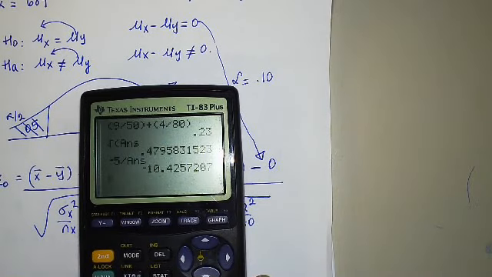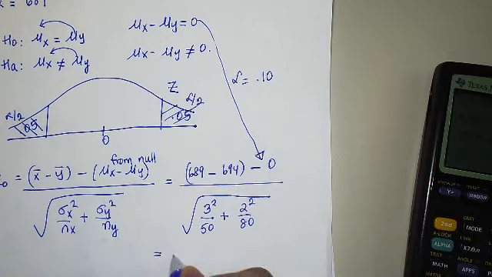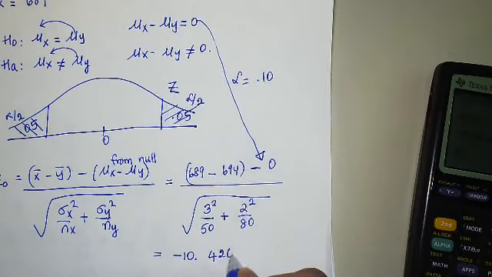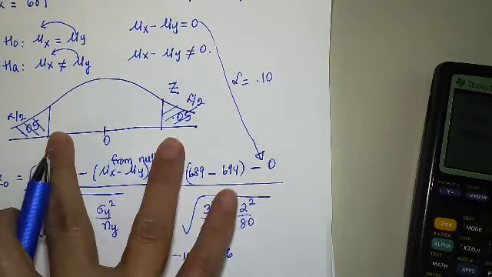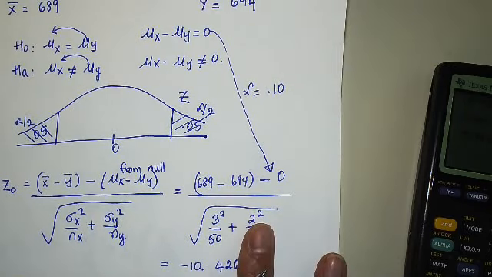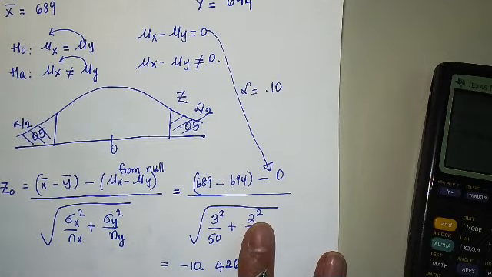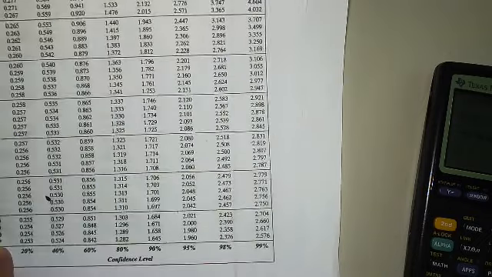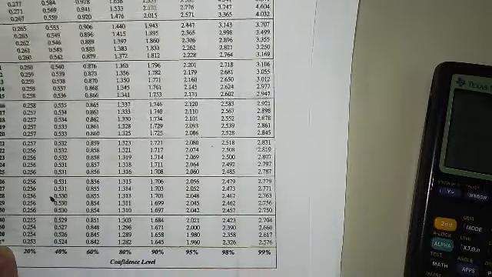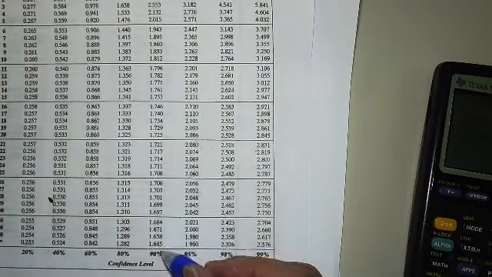Let's do that. 9 over 50 plus 4 over 80. Square root of that. And then the top is 689 minus 694. So that's just a negative 5. Negative 5 divided by answer. Negative 10.426. Did you get that?